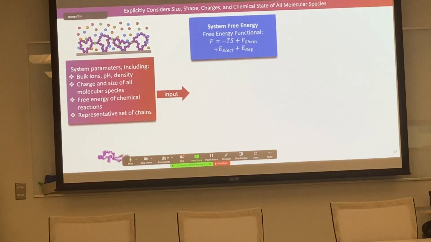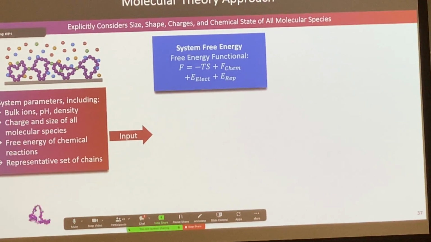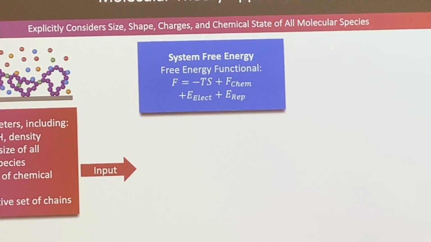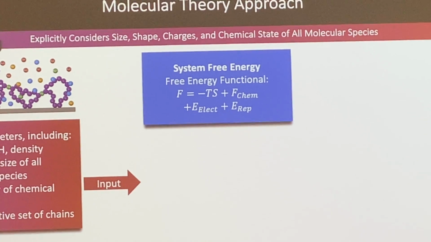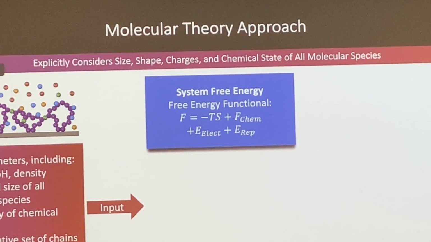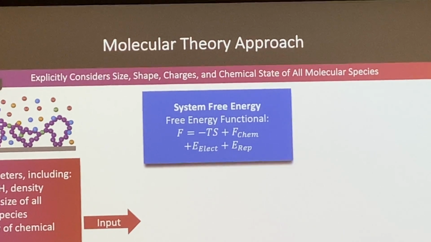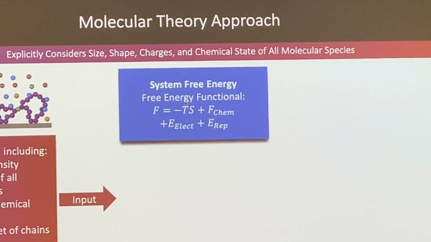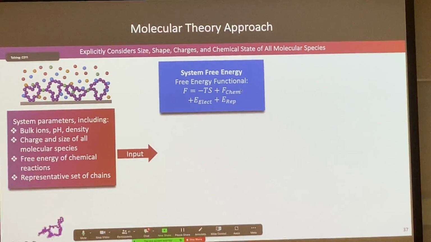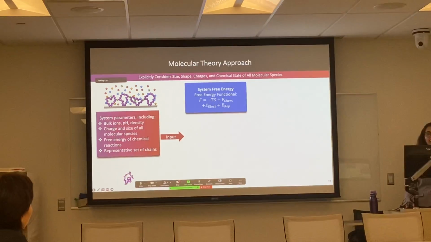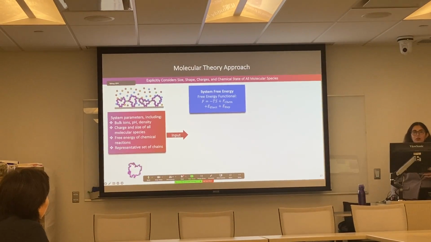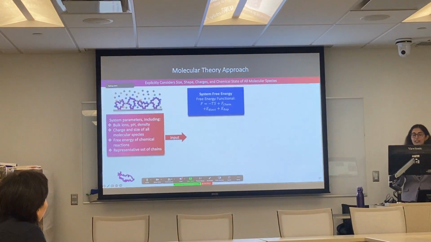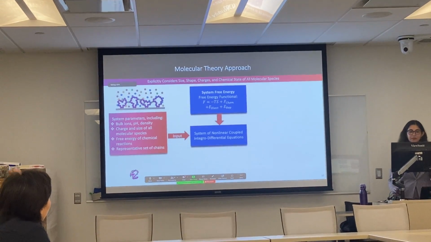And we input this into the theory, which is defined by a system free energy functional that takes into account the different aspects of the system, including the conformational entropy of the polymer, as well as the translational or mixing entropy of the solvent, the chemical potential of the system, the electrostatic potential, as well as steric repulsions, which allow for excluded volume interactions.